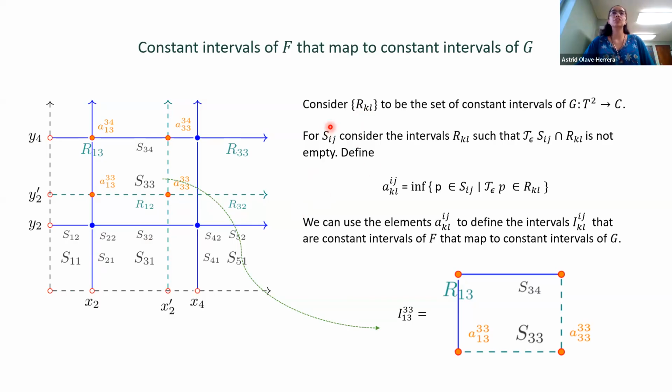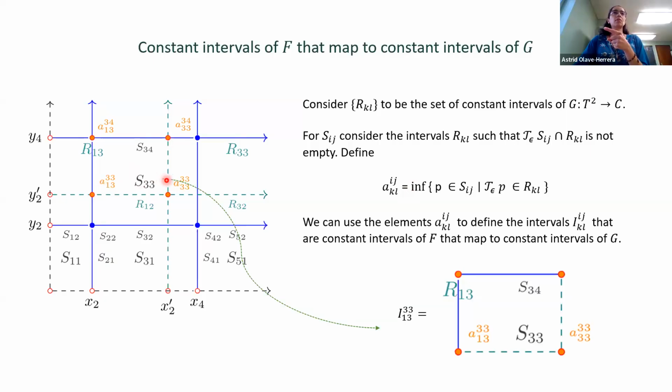The idea is, for each of those S_ij, I want to consider those R_kl such that the image of S_ij is mapped into those R_kl. And I'm taking the infimum of those specific points, the infimum of all the elements in S_ij that are mapped into R_kl.